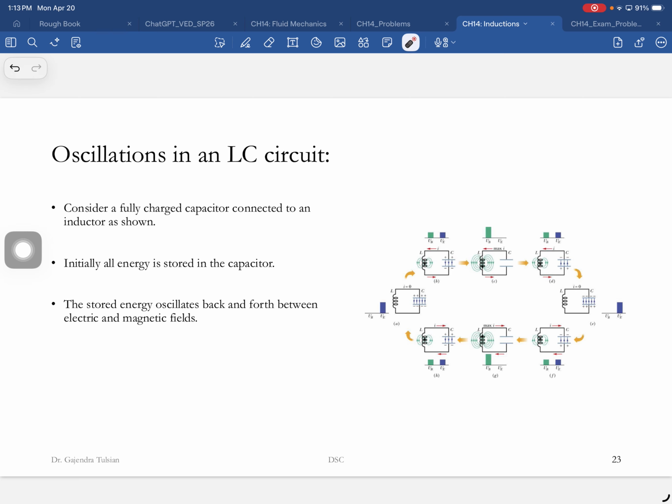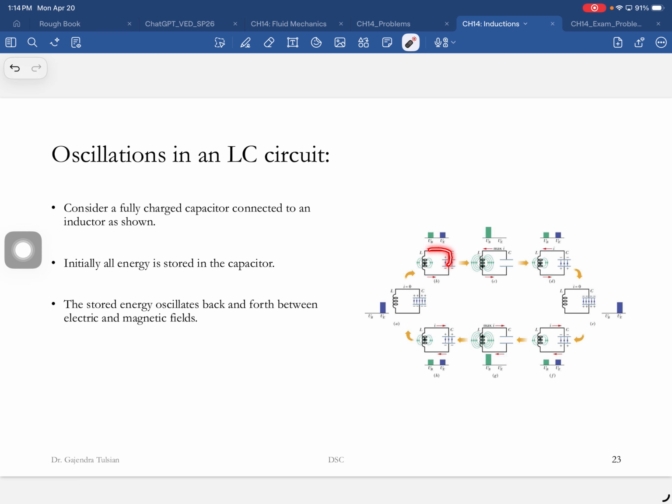Okay, so let's charge the capacitor. Let's store energy in the capacitor and let the system go. When you store energy in the capacitor, this will drive a current through this inductor. And as this drives the current through the inductor, this energy is being transferred to energy in the magnetic field.